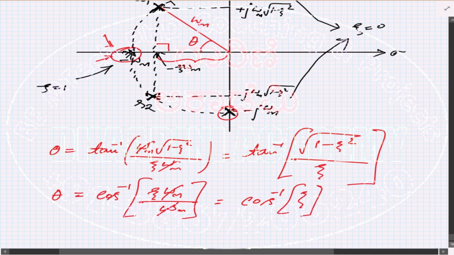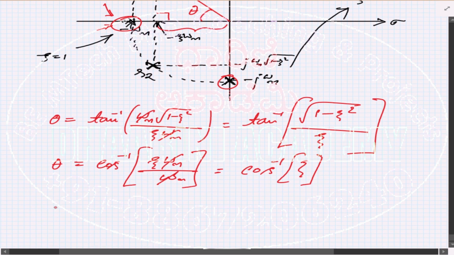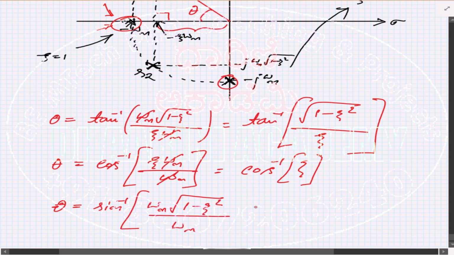All right. So definitely we might require the sine as well. If I want to find the sine inverse ratio, this is the opposite. Opposite is nothing but omega n into root of 1 minus zeta square whole divided by omega n, which is the hypotenuse. So this is sine inverse of root of 1 minus zeta square. All right, so these are the three things we require from this.